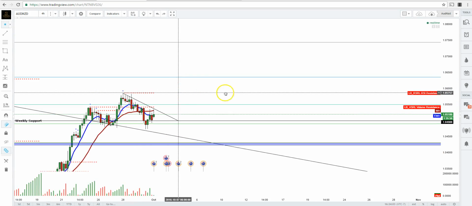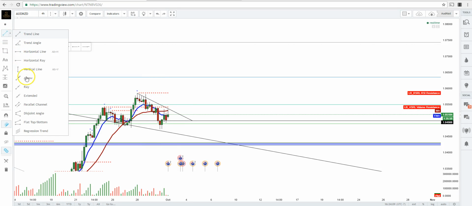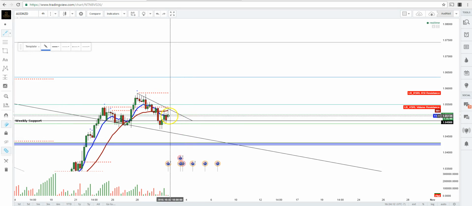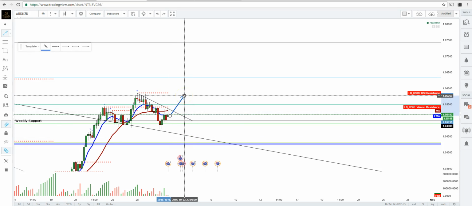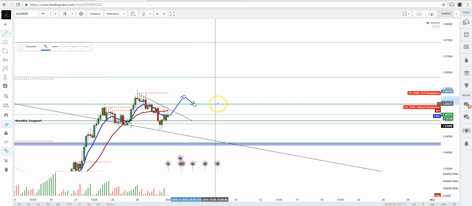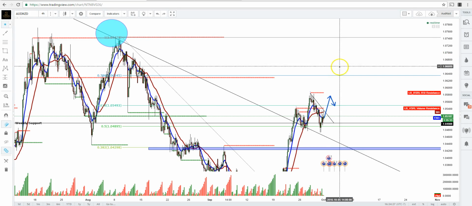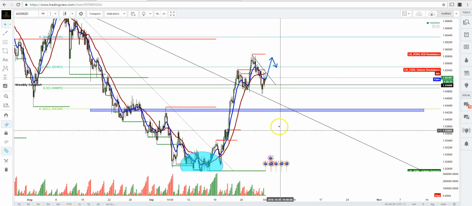But once I get a break of this counter trend line here, once I get a break above, which is also going to be the 61.8, and I get a pullback to retest and this holds as support, what I will do is I'll measure this move out with a Fibonacci tool.